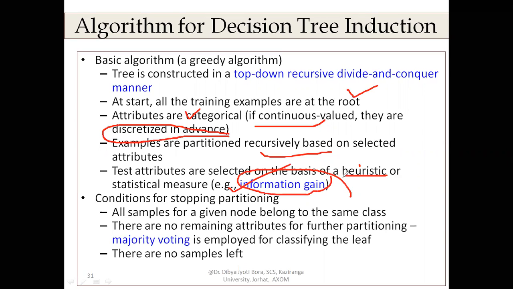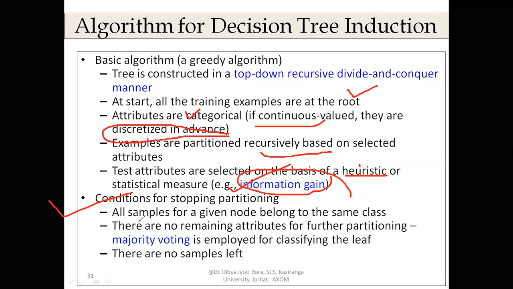Then, conditions for stopping partitioning. See, what are you doing? You go for dividing and conquering, right? But at one time you have to stop. So as an algorithm, you have to include that part, on what basis you will stop that partitioning, or on what basis you have to stop your algorithm.